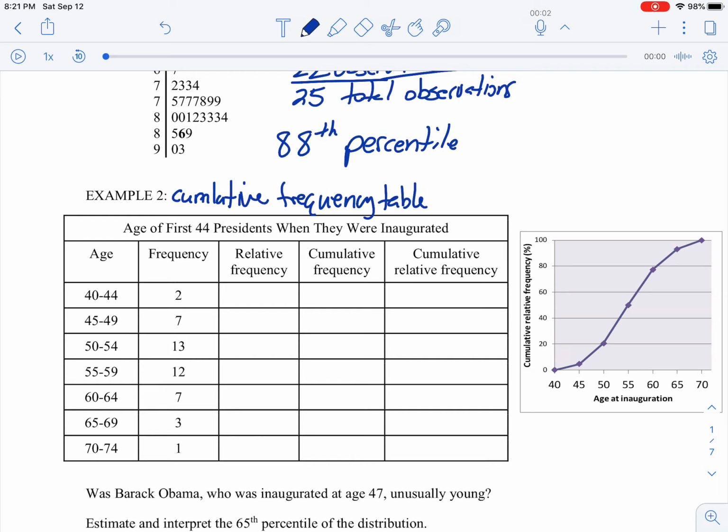So what we have here is the age of the presidents. I believe the title is goofed up, because I think it's 45. I think all the presidents are there, so the 45 presidents and when they were inaugurated.